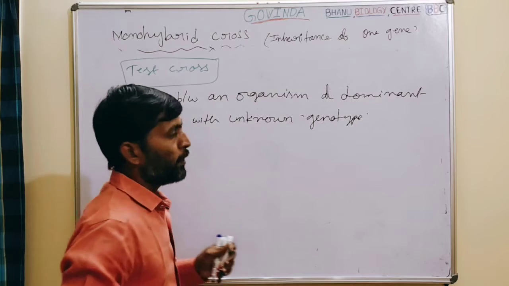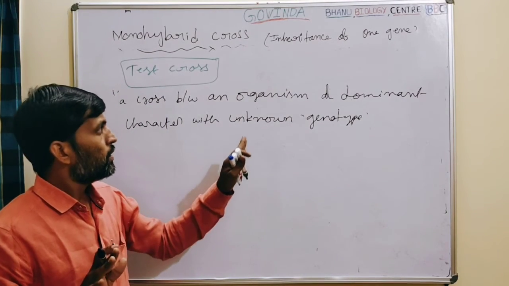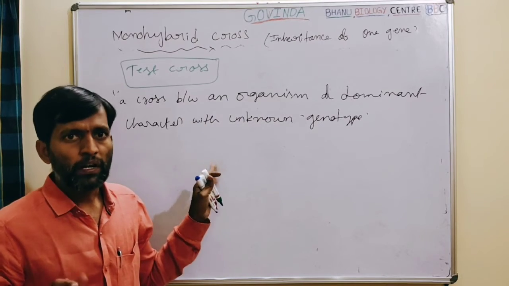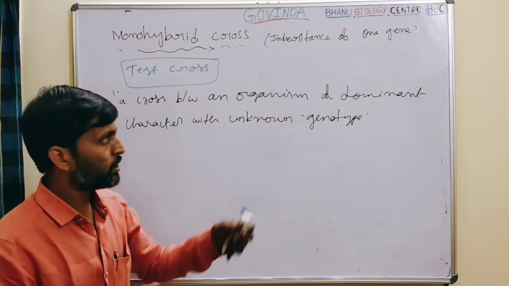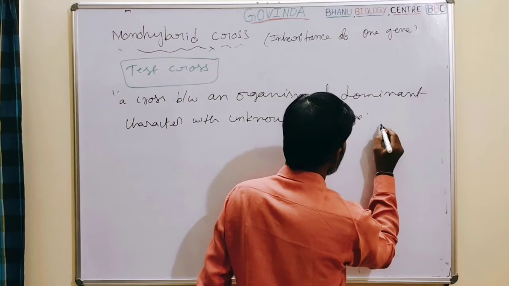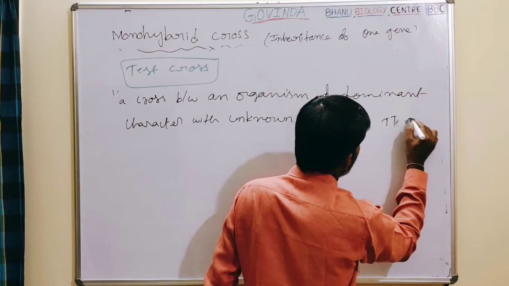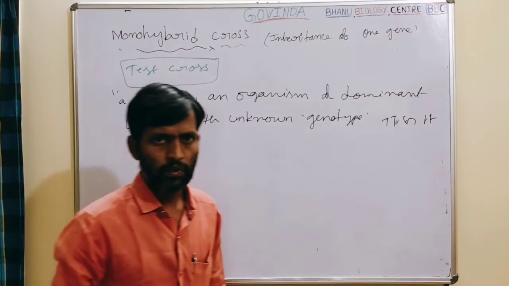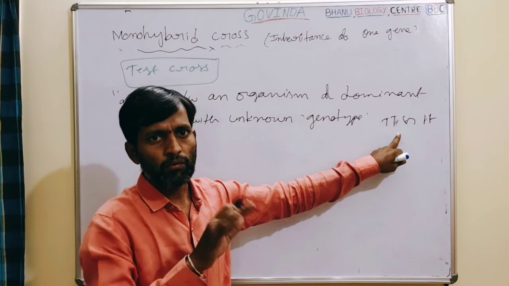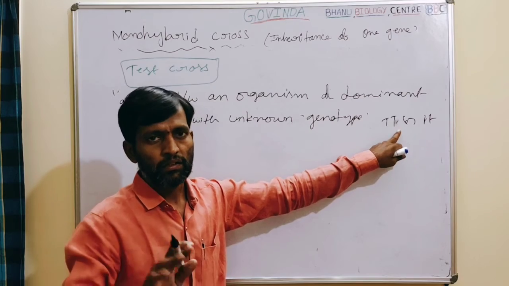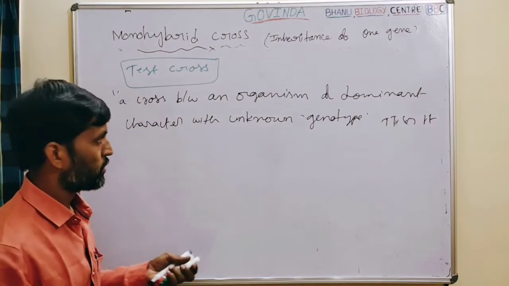Here we don't know the genotype of the plant, but we only know the dominant character of the plant, that is height. Then how can we find the genotype? The genotype of that plant may be capital T capital T or capital T small t. Out of these two, one condition definitely will be there, so we have to find that exactly. For that only, we perform the test cross.